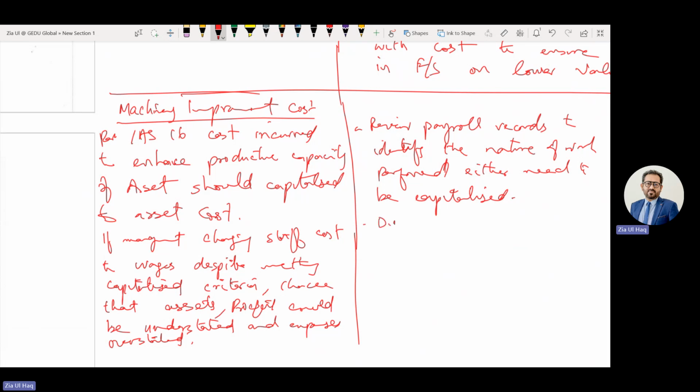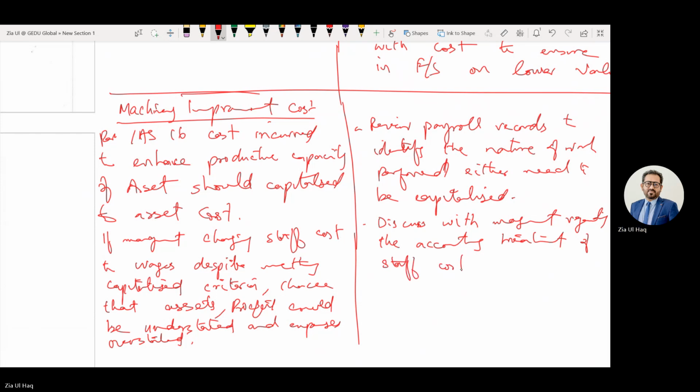Discuss with management regarding the accounting treatment of staff cost to see if reasonable.